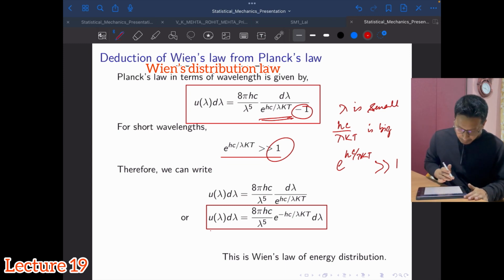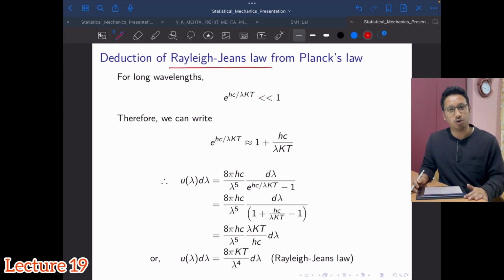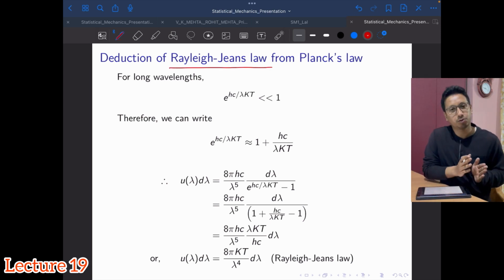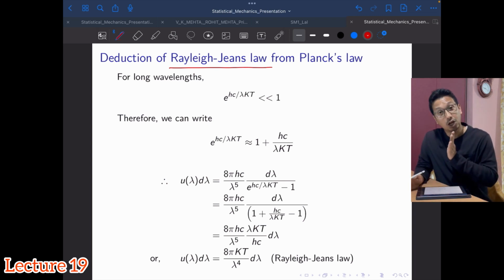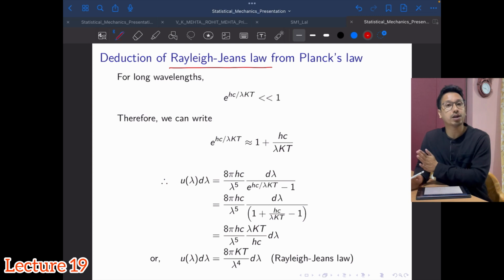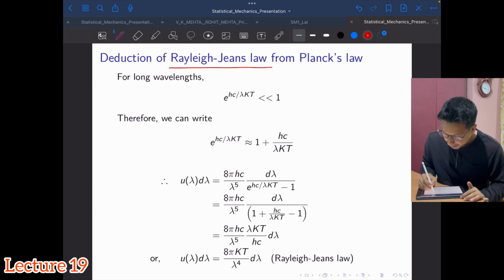Now let's try to deduce Rayleigh-Jeans law from Planck's law. We know that Rayleigh-Jeans law fits the experimental data well for the longer wavelength part. Now if lambda is large, then the term in the exponent, hc by lambda kT, is a really small number.